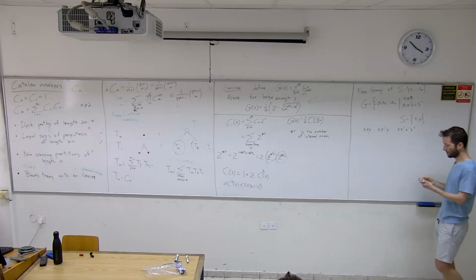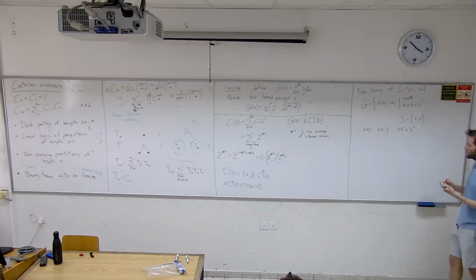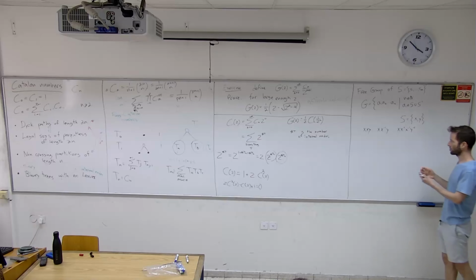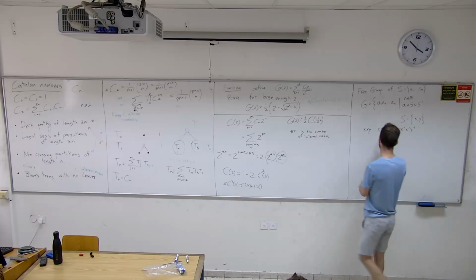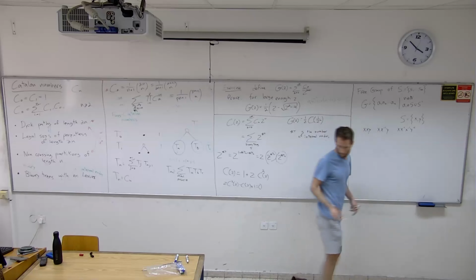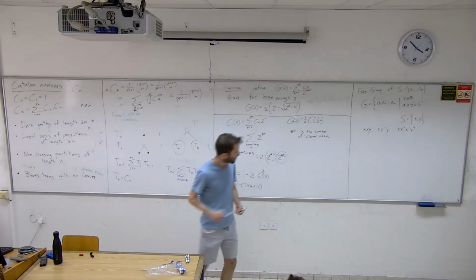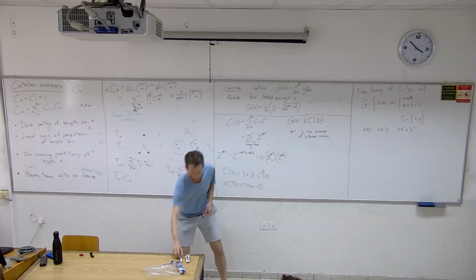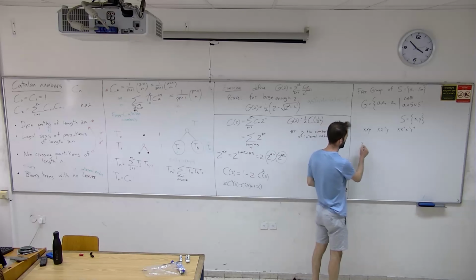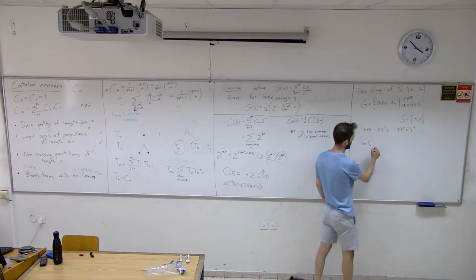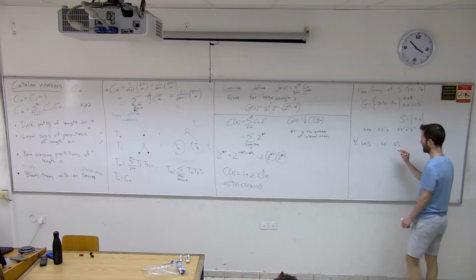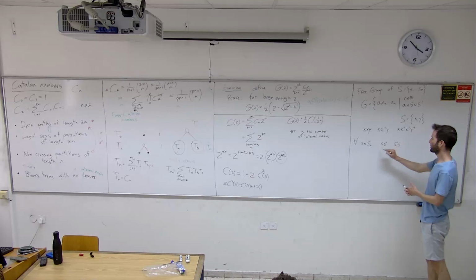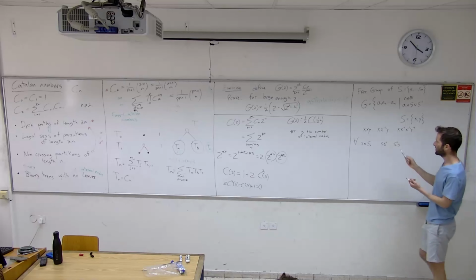However, I have one additional definition, which is the reduced word. A reduced word means that whenever I have a pair of S followed by S inverse, or S inverse followed by S, for any S in S, I can just remove it.